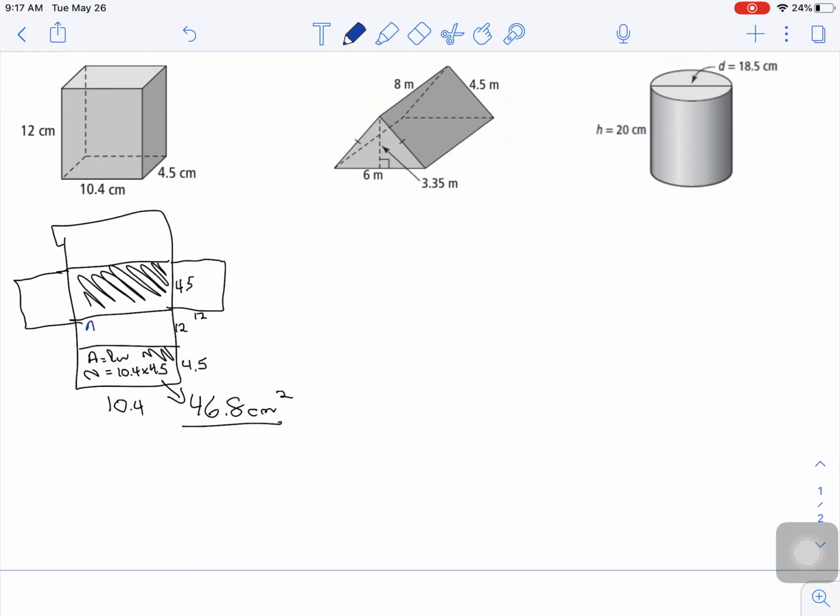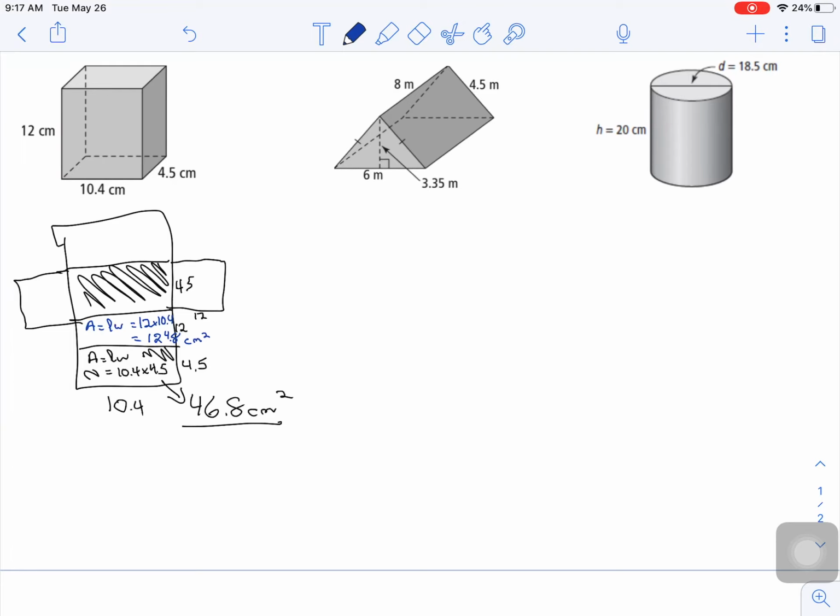Then we could find, let's change color so it's more clear. So this is area equals length times width, which equals 12 times 10.4, which is equal to 124.8 centimeters squared. But this is the same as that, so we're going to have to times that by 2.